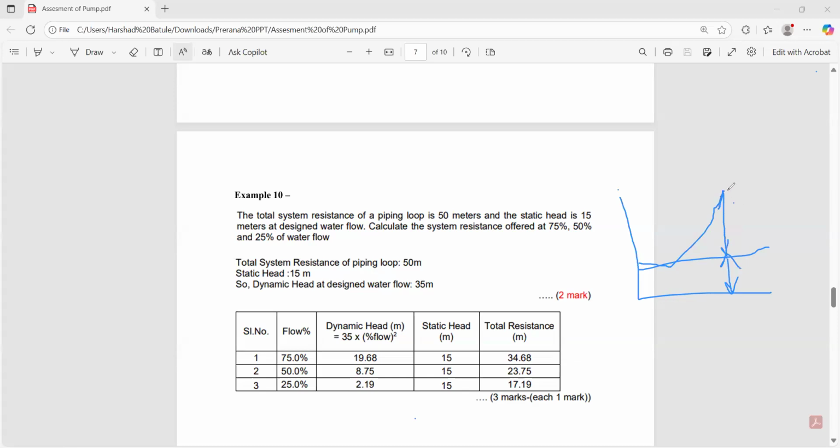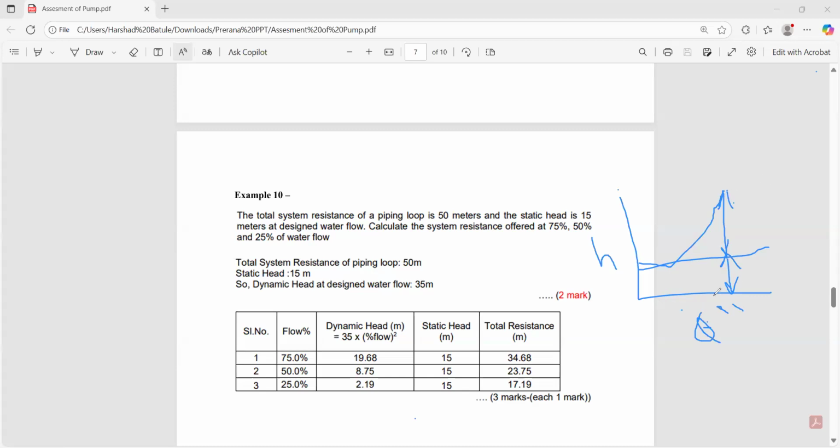Got it? Okay. So static head is constant because it's constant throughout the speed variation. This is your flow rate. Here is your Q, and here is your H. So whatever flow rate would be there, you are going to have the same constant static head, but your flow rates are reduced.